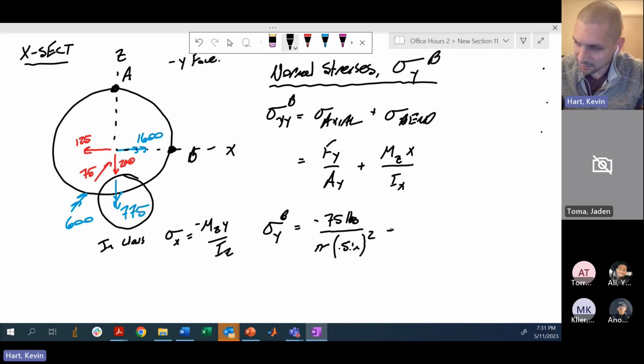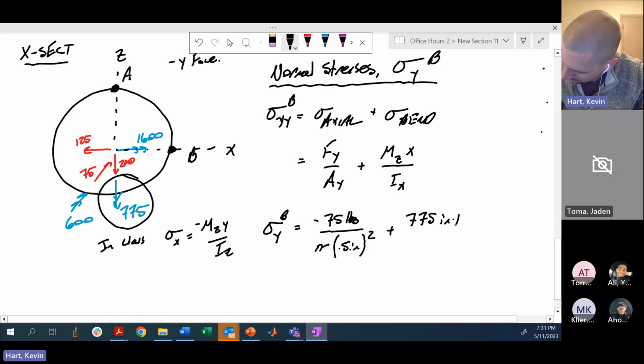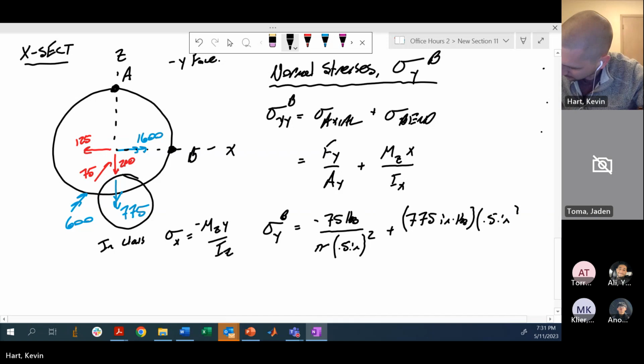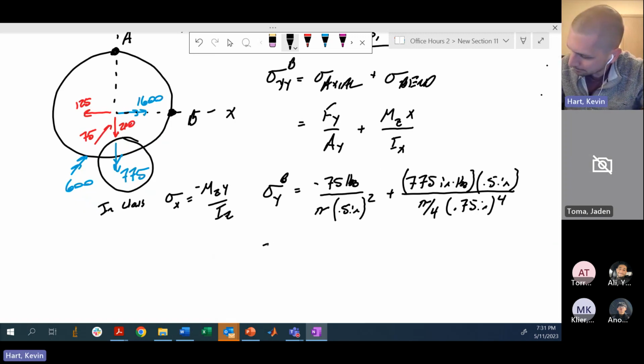So here we're going to have a plus 775 inch pounds times my x coordinate. Again, the x coordinate is just this distance, which is the radial distance. So that's another 1/2 inch. And then my area moment of inertia, we've done enough of these where we know that a circular bar area moment of inertia is pi on 4, radius to the 4th.